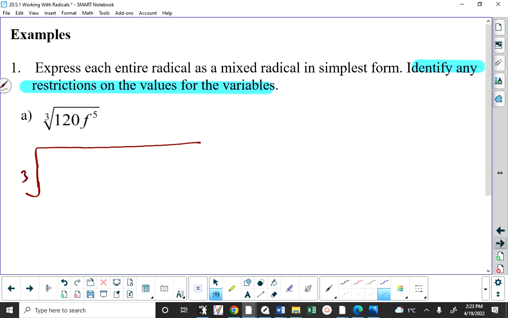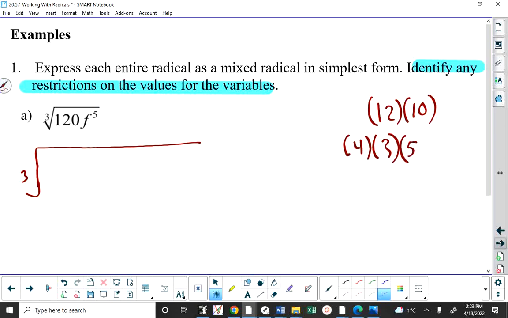So this is what you would do as well. And I would probably want to see this on an exam. 120 is 12 times 10. I mean, I think some of us know that 12 is 2 times 2 times 3. I don't think you need to write every little step, but I'm going to. 12 is 4 times 3.